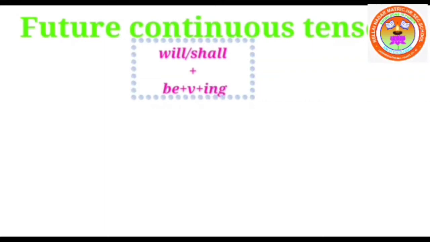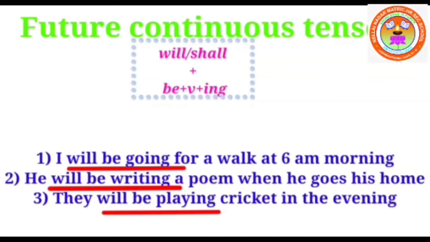I will be going for a walk at 6 a.m. So here look at the verb will be going. Will be future, going continuous, because going has ing verb form, and will be obviously future, so future continuous.